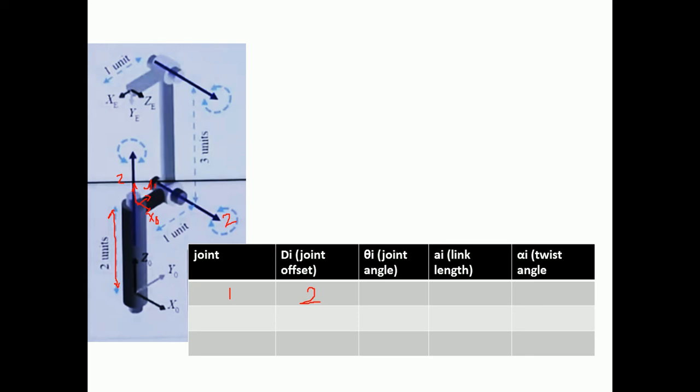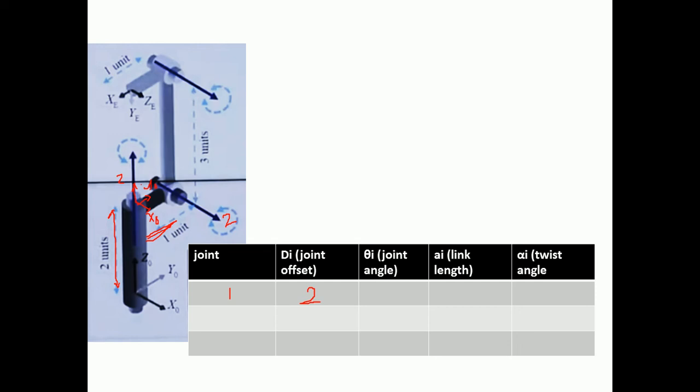You can also see that the line in between these two joints, this distance, is the common normal. So at this point we have to keep a rotation about the z axis, so that x naught is going to be parallel to the common normal.